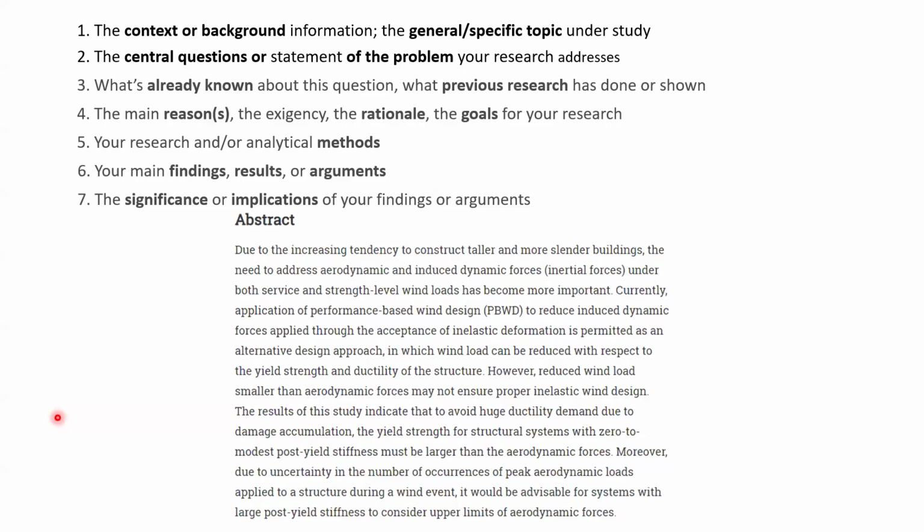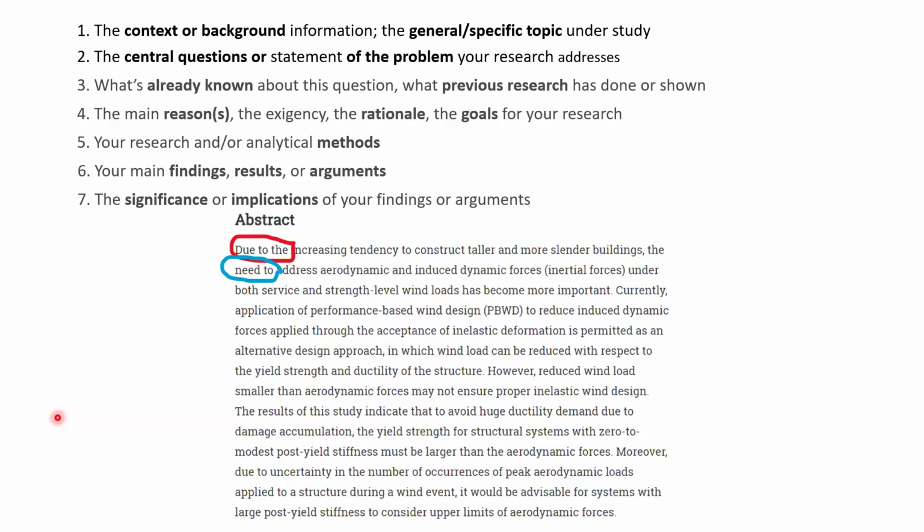Now, he has referred to previous literature, and he has found that there is an increasing tendency to construct tall and more slender buildings, and he has found that there's a need to address aerodynamics, right? So the word "due to" is important here because it gives the context, and the rest of the sentence gives the context as well as the central question, and also this "need to address" gives the rationale and the goal, right?